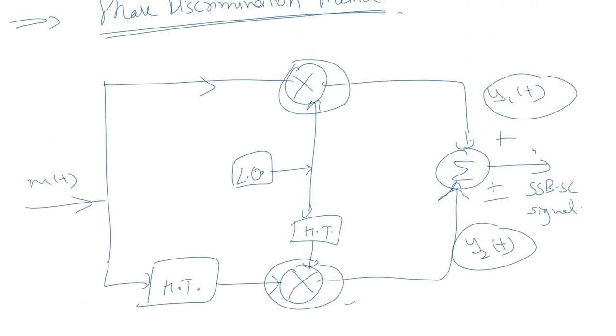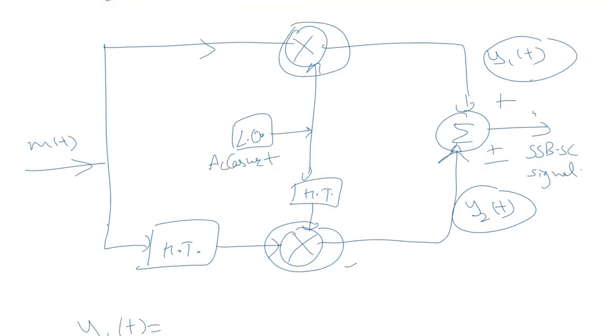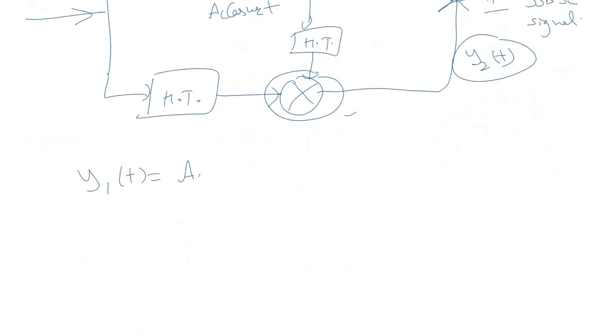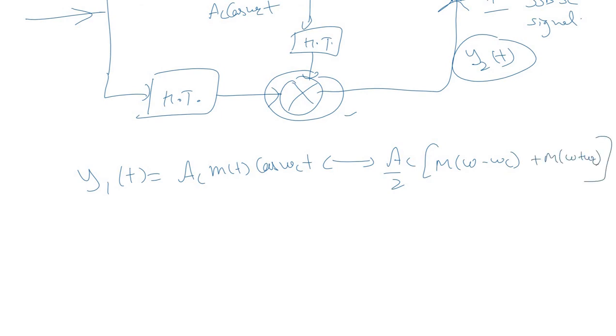The local oscillator generates the carrier signal, that is A c cos omega c t. So y1 t is A c m t cos omega c t, and its Fourier transform is A c by 2 times m of omega minus omega c plus m of omega plus omega c. Multiplication in the time domain results in convolution in the frequency domain.